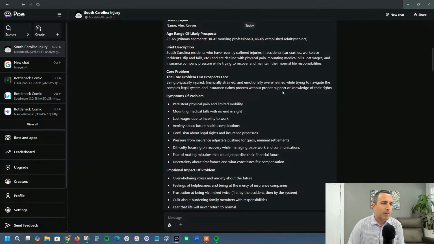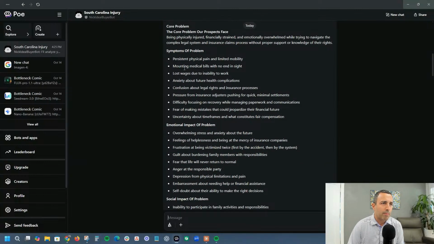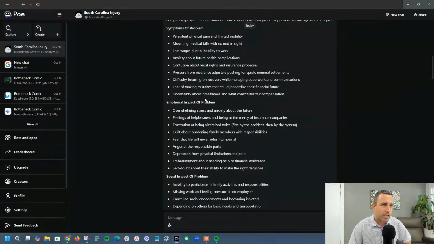Symptoms of the problem: persistent physical pain and limited mobility, mounting medical bills with no end in sight, lost wages due to inability to work, anxiety about future health complications, confusion about legal rights and insurance processes, pressure from insurance adjusters pushing for quick minimal settlements, difficulty focusing on recovery while managing paperwork and communications, fear of making mistakes that could jeopardize their financial future, uncertainty about timeframes and what constitutes fair compensation.